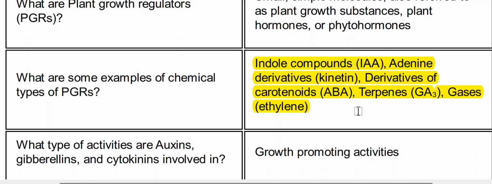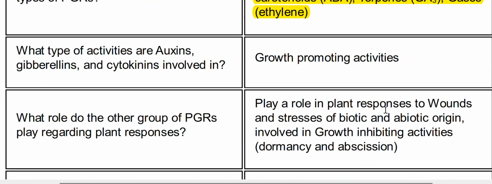These are the sources from which these growth regulators are produced. Indole compounds give indole acetic acid, adenine gives kinetin, carotenoids give ABA, abscisic acid, terpenes give gibberellic acid, and gases give ethylene.